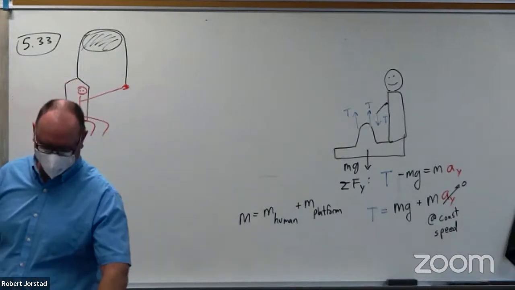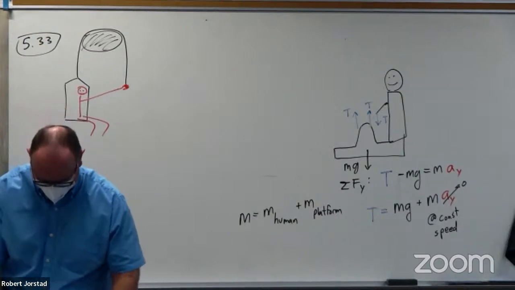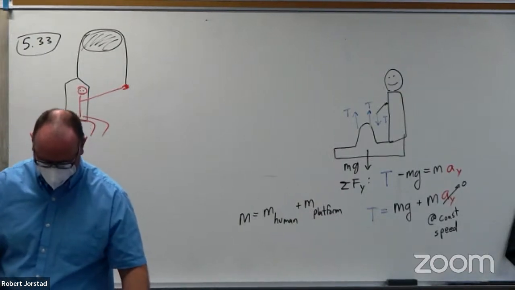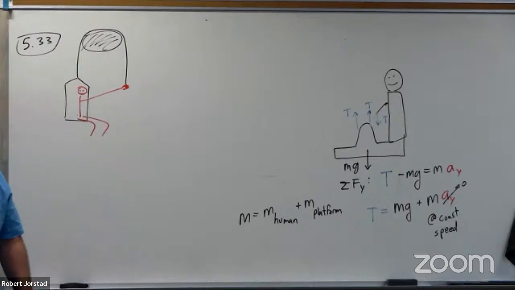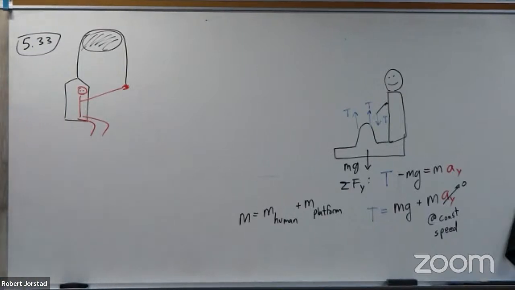Block and tackle is actually on page 97. So could you use that to pull yourself up? Oh, that's what this is? This is called a bosun's chair. So it's actually very similar.